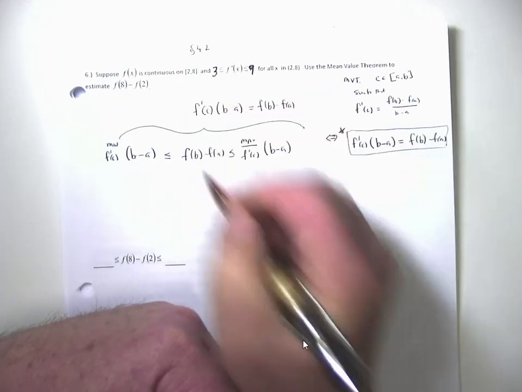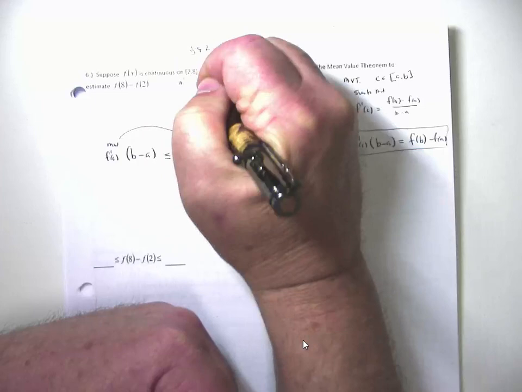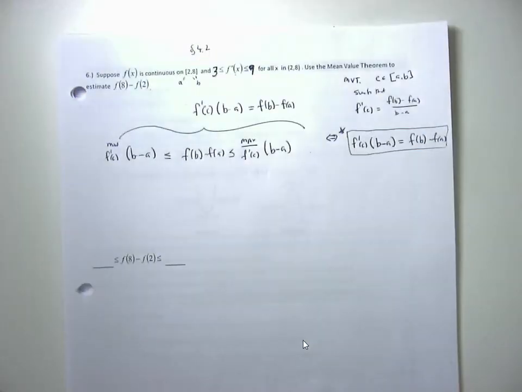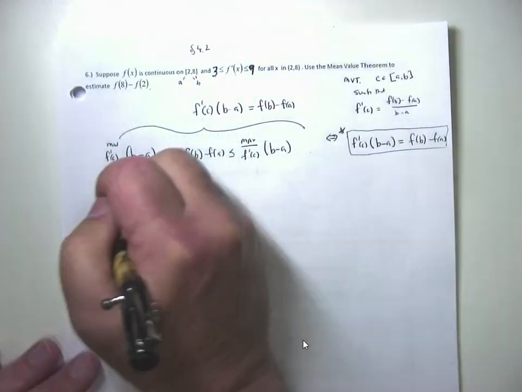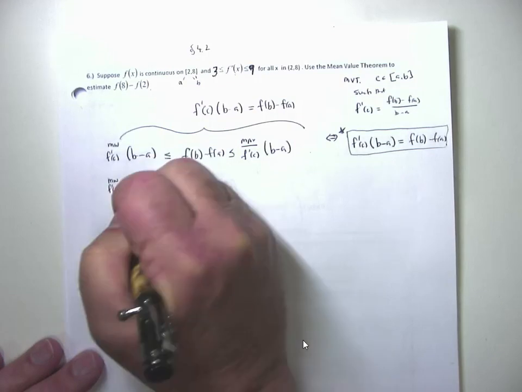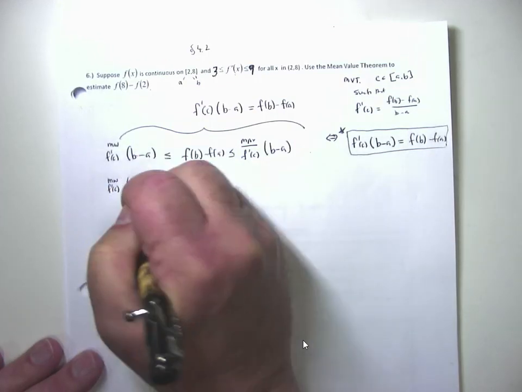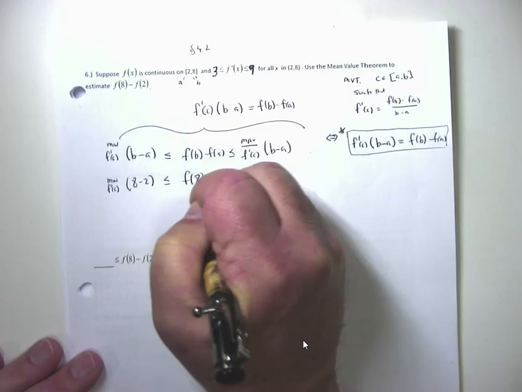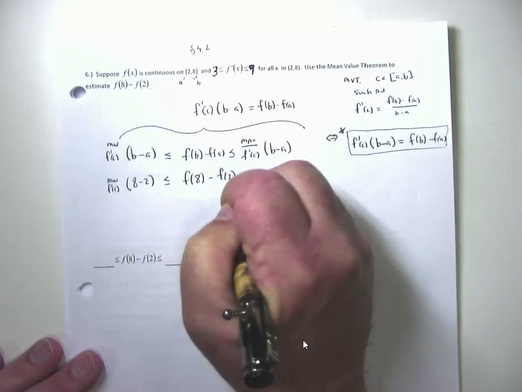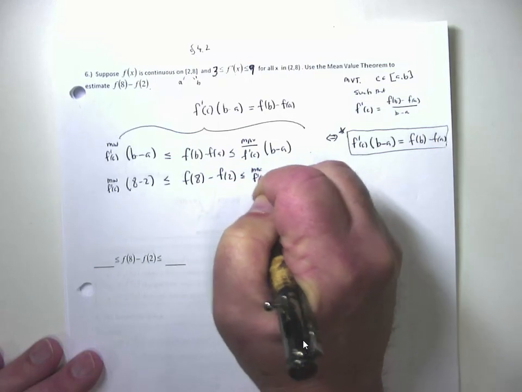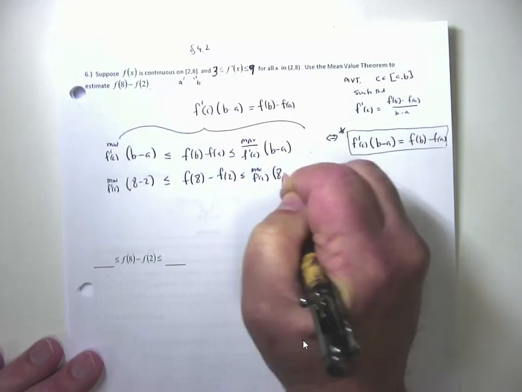In this particular problem, a was equal to 2 and b was equal to 8. So plugging it into this formula, you've got the minimum value of f prime of c times 8 minus 2, is less or equal to f of b, f of 8, minus f of a, f of 2, which is less or equal to the maximum value of f prime of c times 8 minus 2.